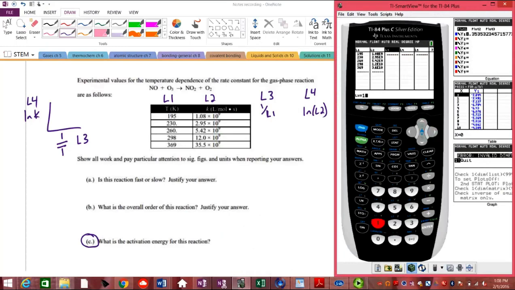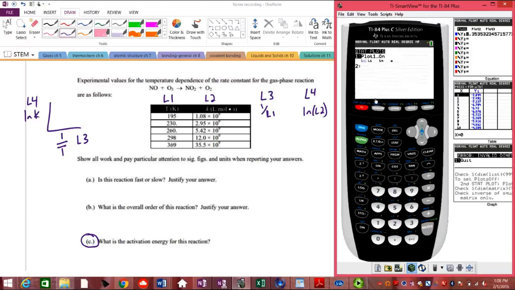And so 1 over L1. Oops, forgot the division sign. That's a serious problem. There we go. So we've got our 1 over Kelvin temperature, and then here, natural log of list 2. And we've got that. So let's make our graph.